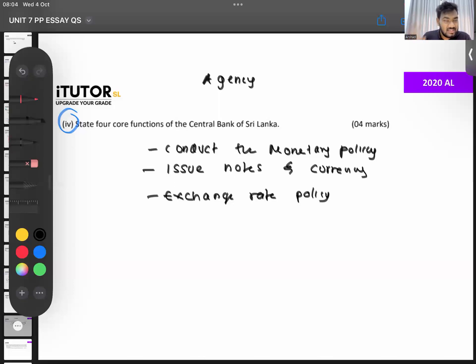The things that the central bank does on behalf of someone else, usually on behalf of the government. So on behalf of the government, they manage the national debt. They take care of the EPF, ETF, right? All of those are more like agency functions. So don't write those. Now, if they have asked functions of a central bank, fine. But here they are asking, state the 4 core functions.